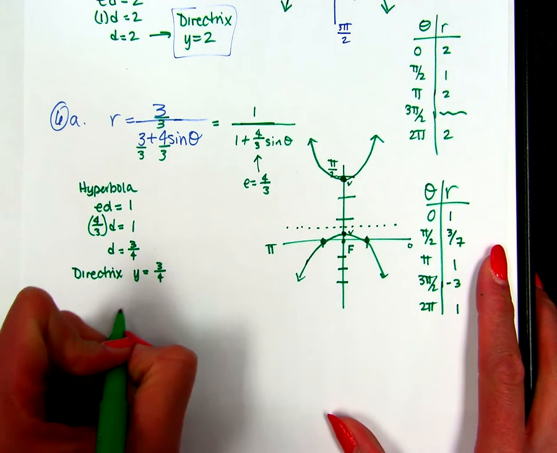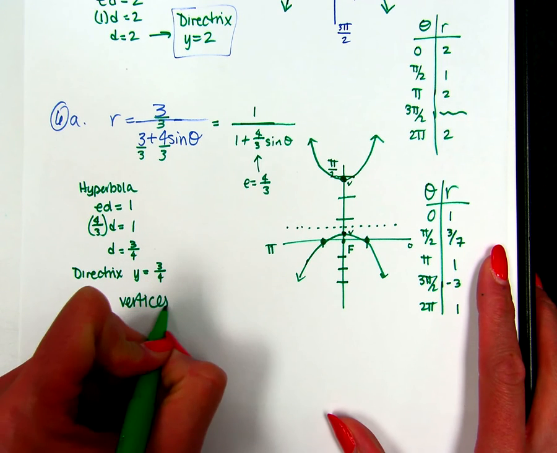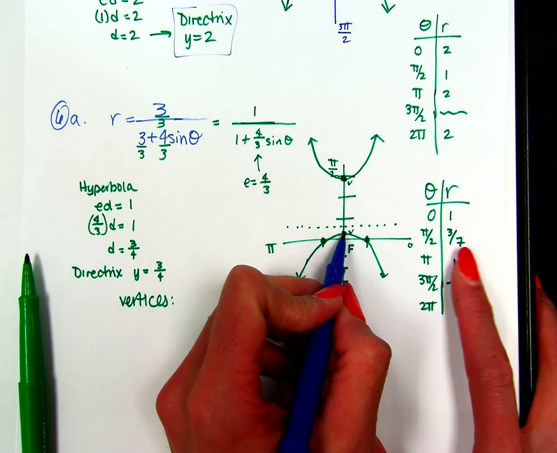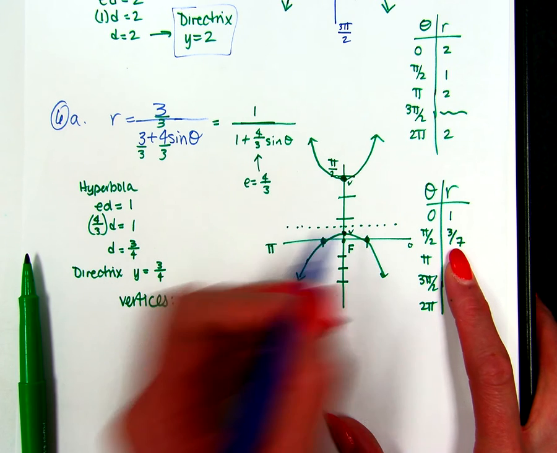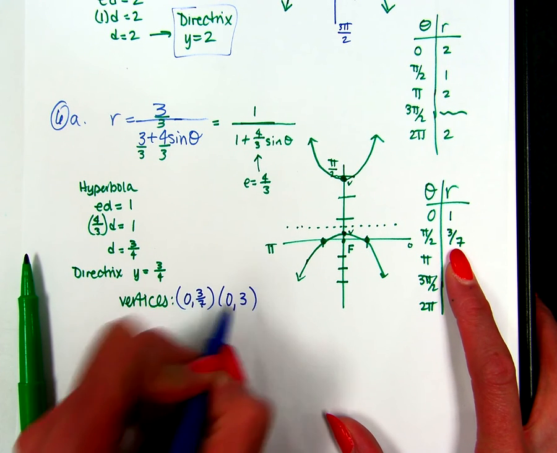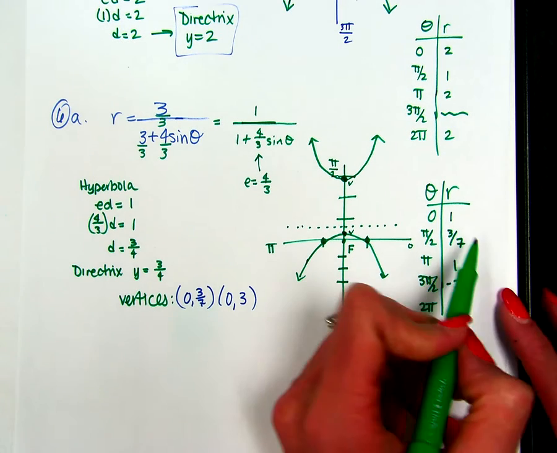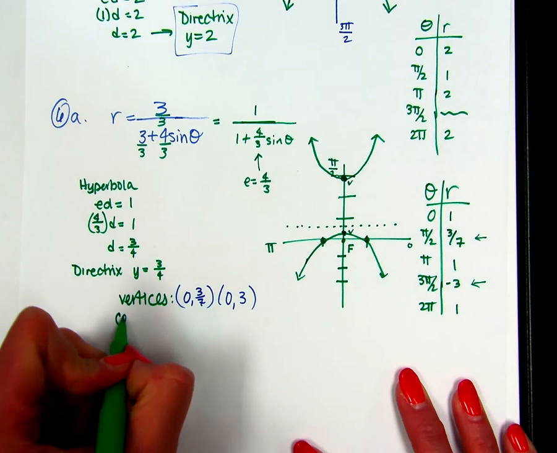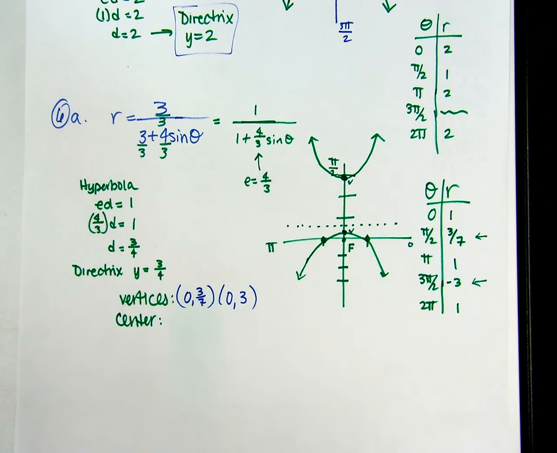So we'll write down our vertices. In rectangular form, this would be at (0, 3/7) and (0, 3). In polar form, they were over here. My center should be right in the middle, so I just need to find the midpoint.